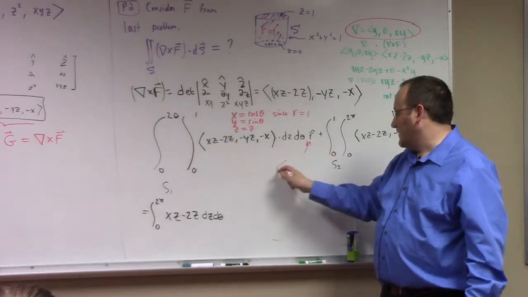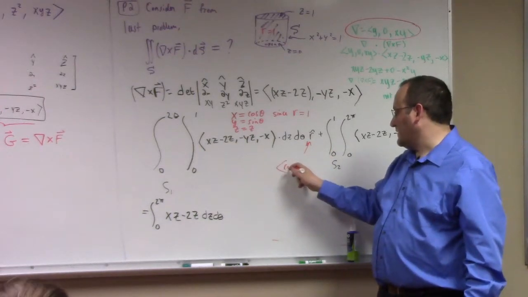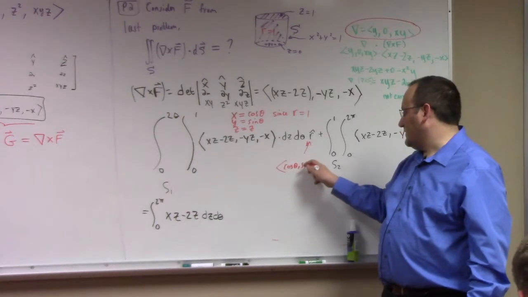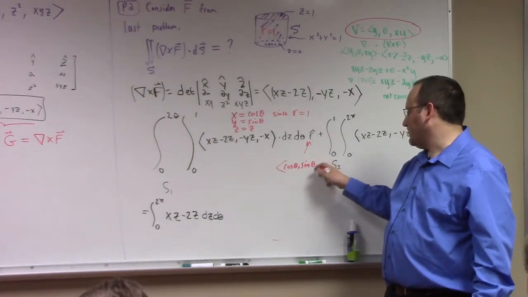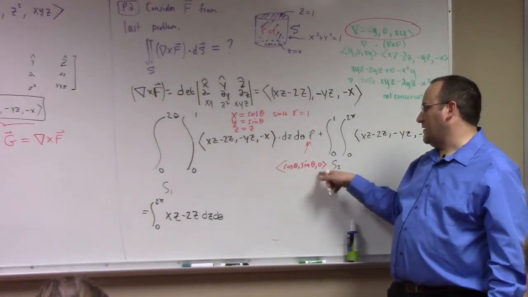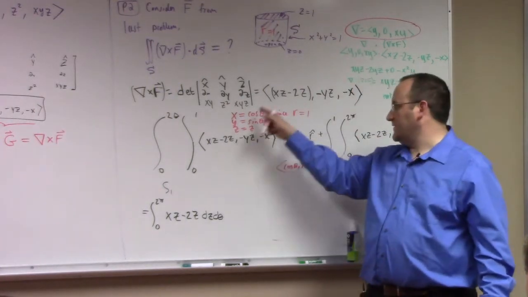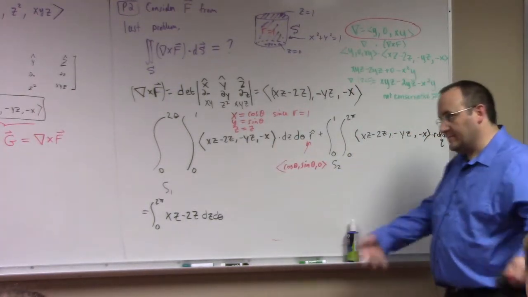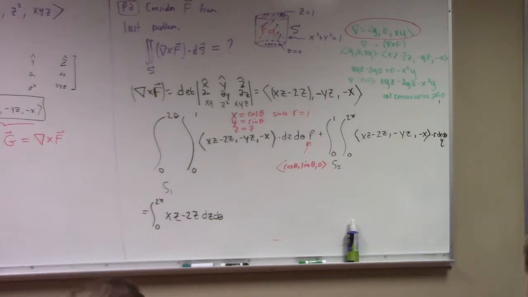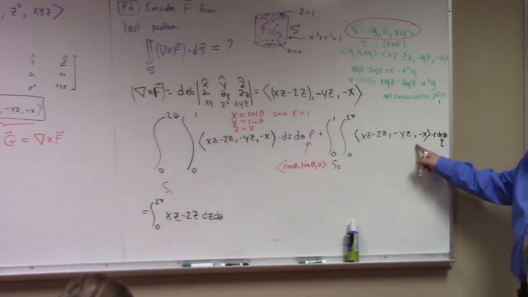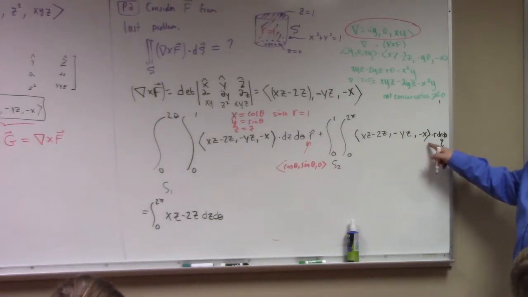If you're going to go this path, that's cosine theta, sine theta, 0. So you're going to have to take the dot product of that with these things, with these plugged in, and so forth. This over here was going to be the top part.